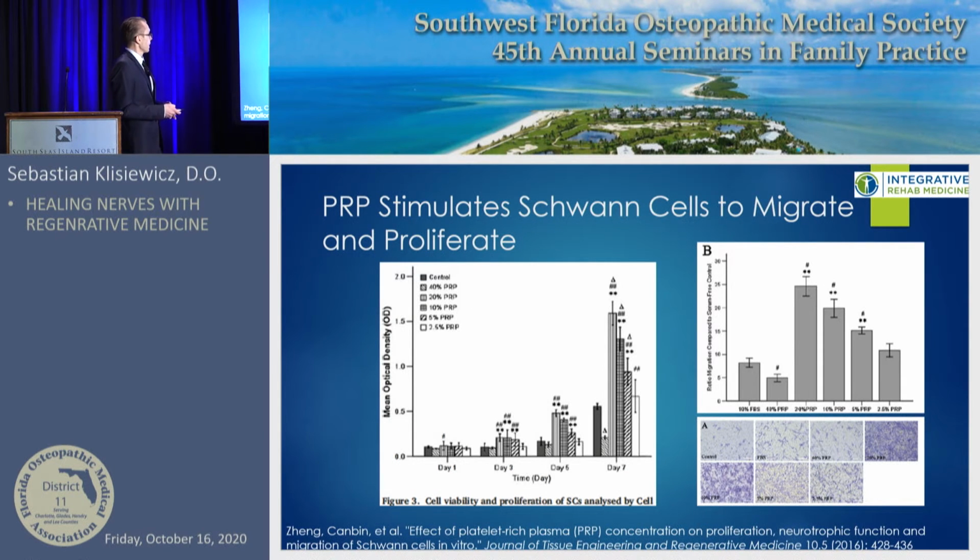Yeah, so the very high concentration of the PRP did not help the Schwann cells survive or proliferate, but the right concentration at the 20 and 10% helped the Schwann cells proliferate, grow very nicely. Same thing with migration. We see on that graph on your right that at the right concentration, those Schwann cells were actually migrating to that area of the PRP.